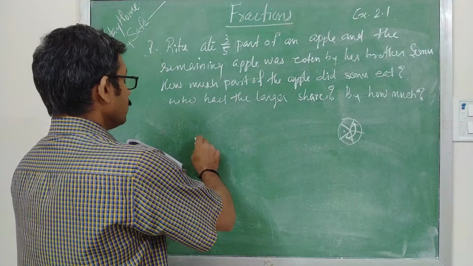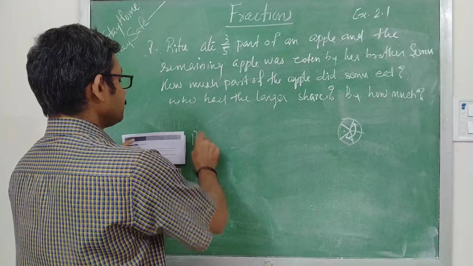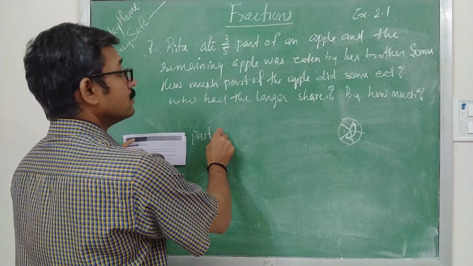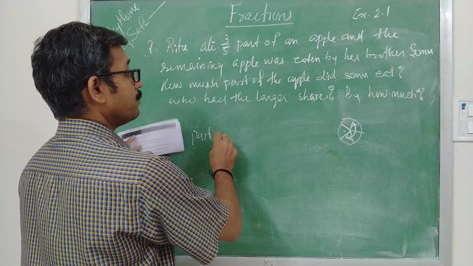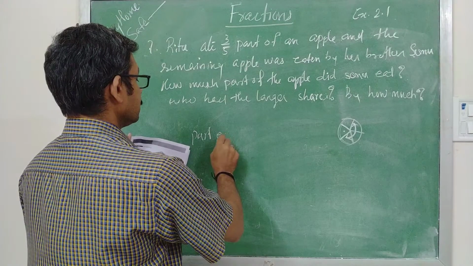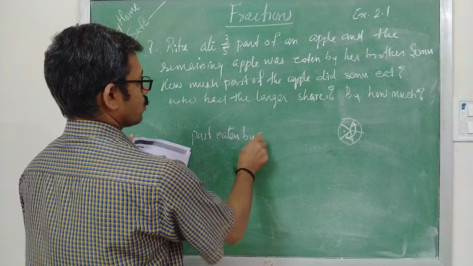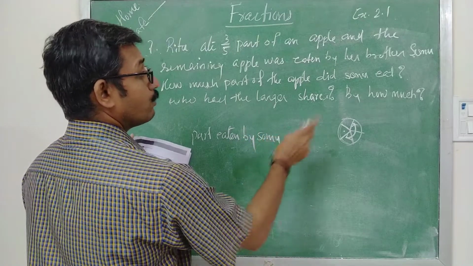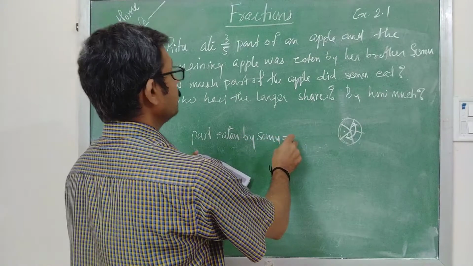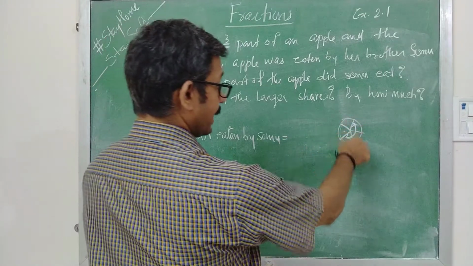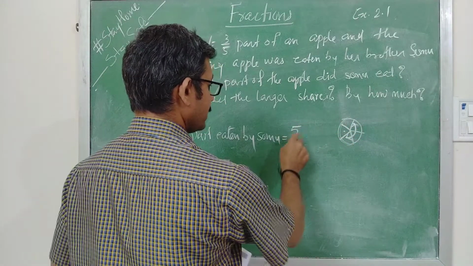Part eaten by Somu. How will I find it? The entire part means 1, that is the total is 5/5.